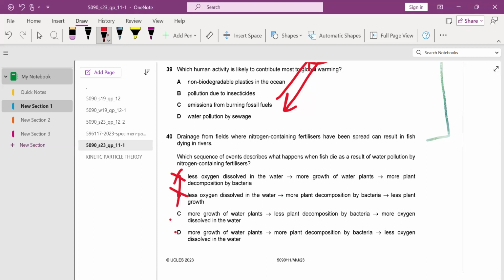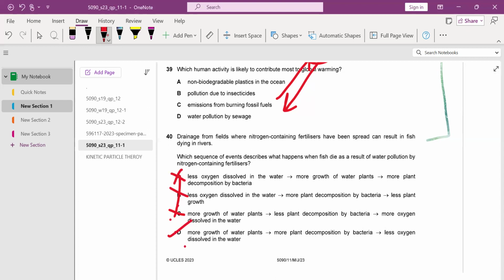More growth of water plants, less plant decomposition by bacteria. No. So option D would be correct. More growth of water plants, more plant decomposition by bacteria. When more plants are decomposed by bacteria, less oxygen dissolves in water. So option D is correct for question number 40.